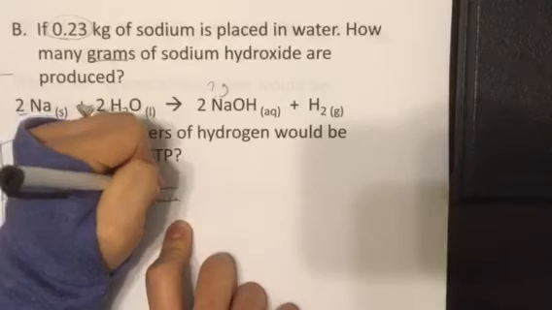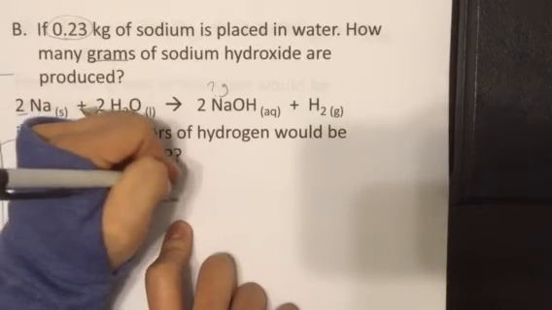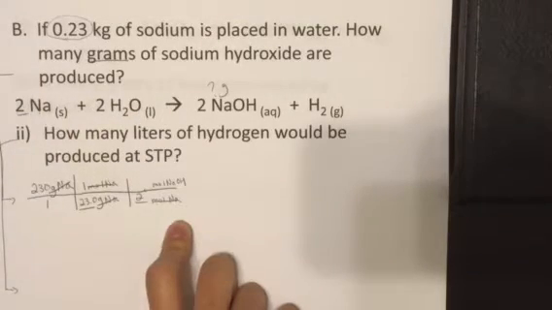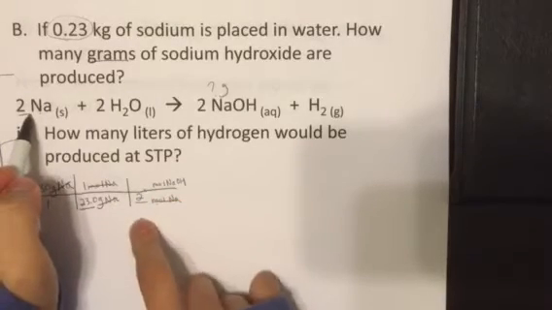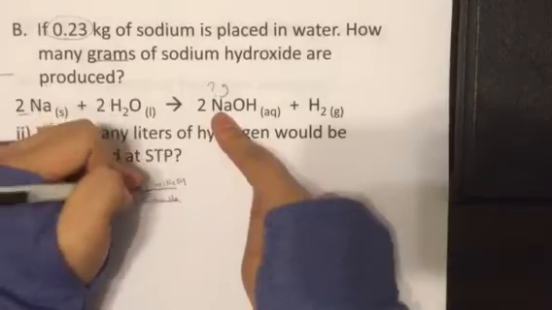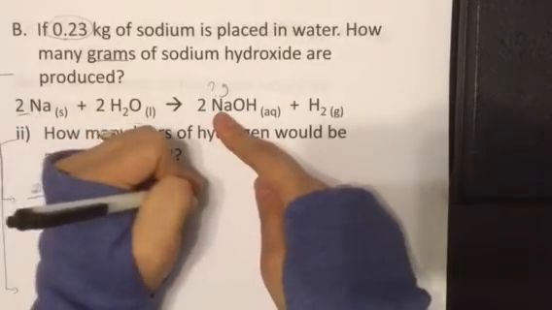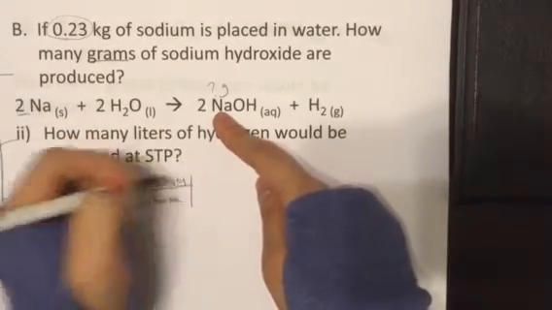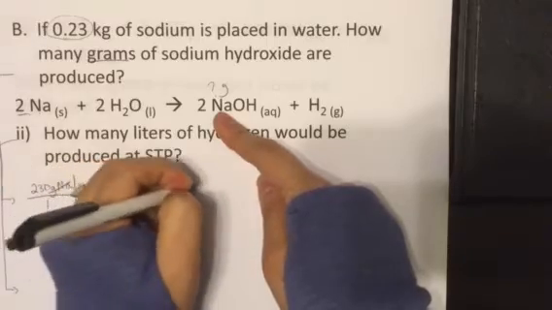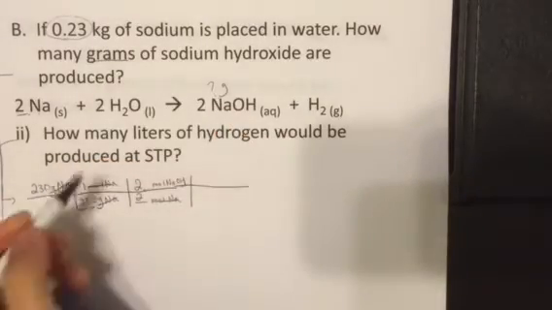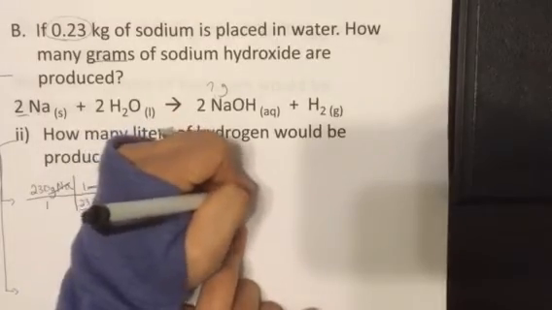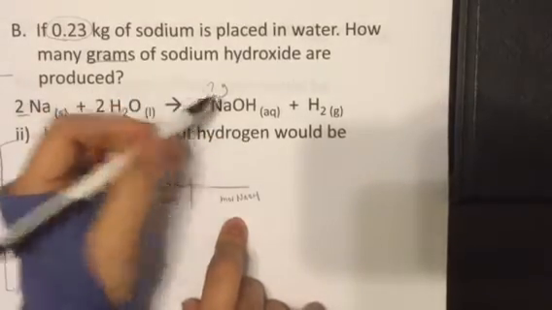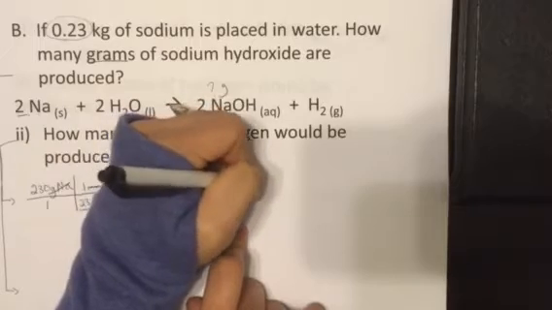So I'm going to put a mole of NaOH here, so I can start converting it into NaOH. But if I have 2 moles of sodium, how many moles of NaOH do I have in my problem? And I have 2, okay? So then I can continue on and I say, all right, so I have mole of NaOH here, so I know I need mole of NaOH here. And I know that I want my answer in terms of grams of NaOH.